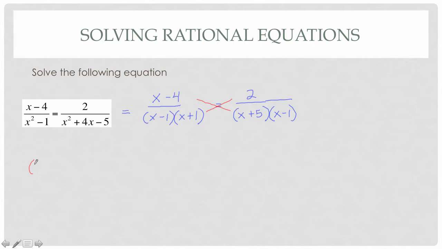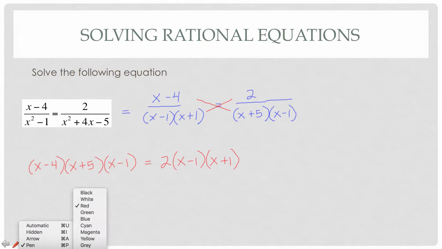And rewrite this as x minus 4 times x plus 5 times x minus 1 equals 2 times x minus 1 times x plus 1. You're like, well, that doesn't make it any easier. That makes it look harder.